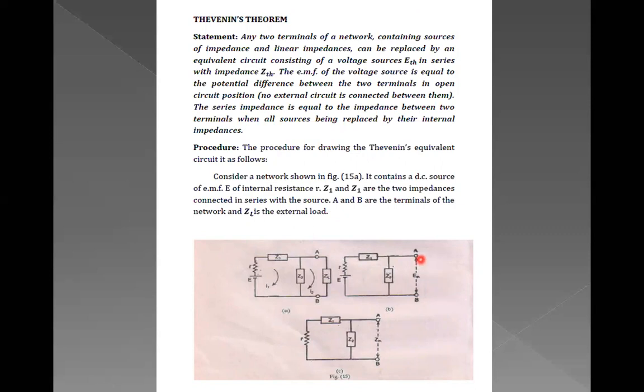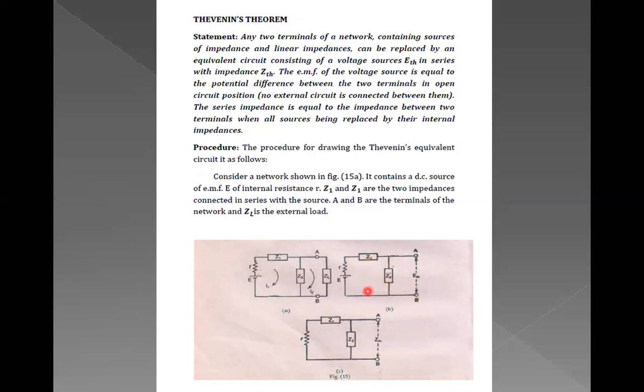So the voltage between these two open terminals A and B gives the equivalent Thevenin's voltage. To find the value of ETH, we make the terminals A and B open and remove the load impedance ZL. This is how the new circuit has come up.